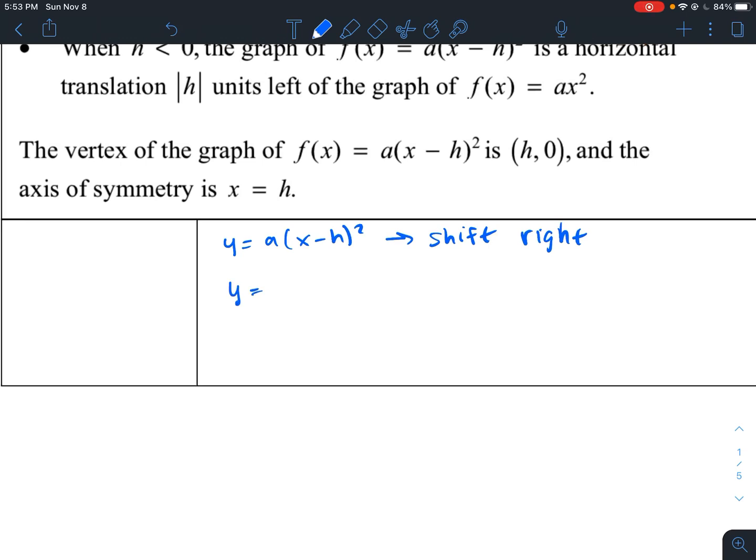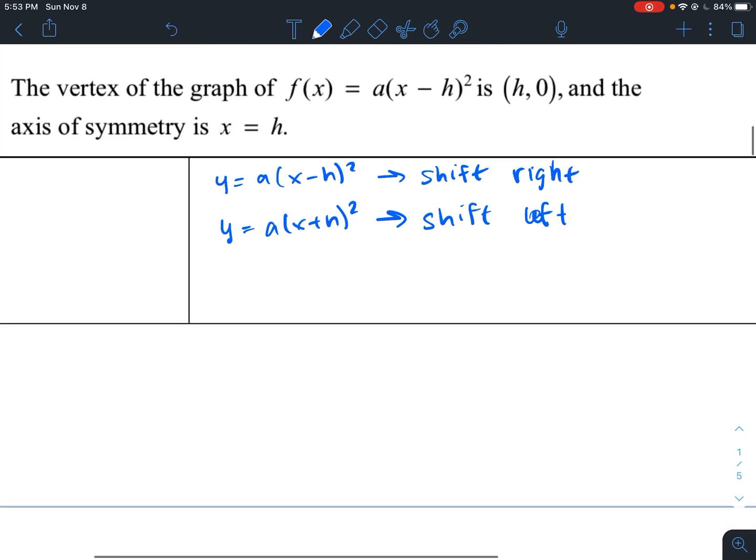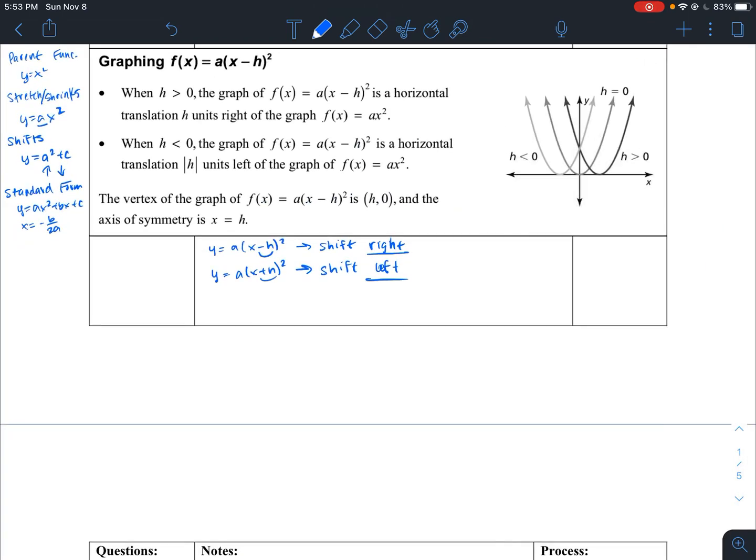If y is equal to a times x plus h, shift left. So you do it the opposite. So if this says negative h, you're actually going to go in the positive direction. If this says plus h, you're actually going to go in the negative direction. So it's the same thing like the absolute value functions.